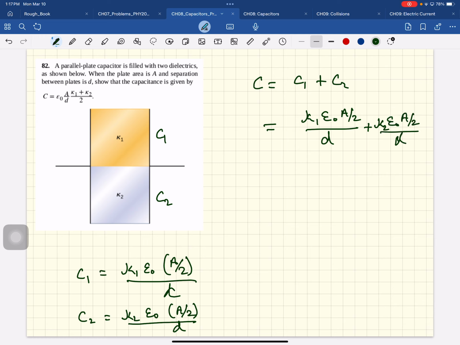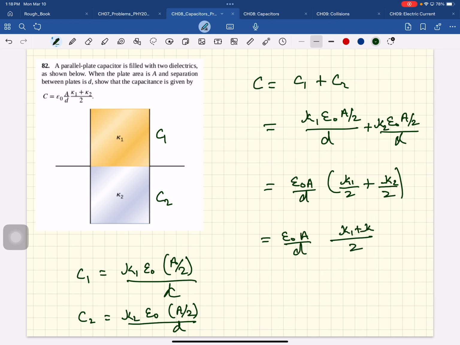And you see epsilon naught A over d is common, and kappa 1 over 2 plus kappa 2 over 2. So that's the effective dielectric constant.